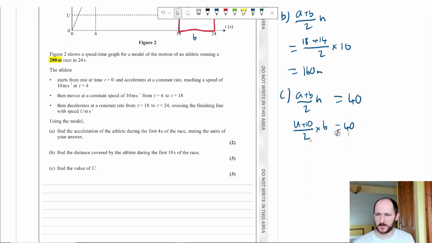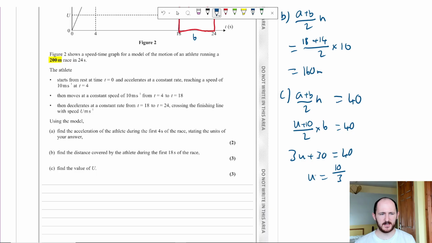So 6 over 2 gives me 3, so that's 3 open bracket u plus 10 close bracket equals 40. Then I've expanded it, 3u plus 30 equals 40. So u is 40 minus 30 is 10, and then divide it by 3.